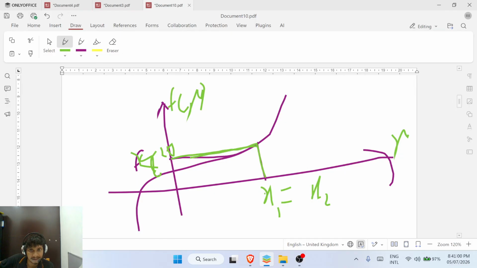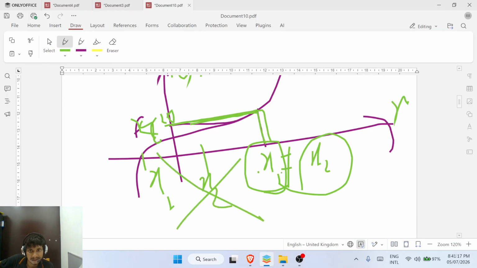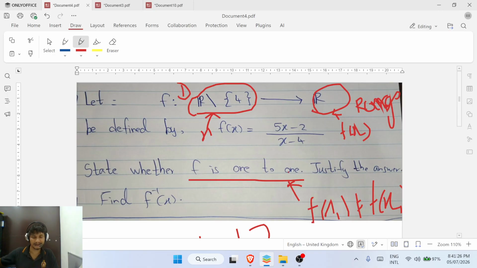If x1 and x2 have the same value for f of x, then x1 is equal to x2. If x1 is not equal to x2, for example this x1 and this x2, then it is not a one-to-one function. Here the function is one-to-one, therefore x1 is equal to x2. It's a very simple thing. If you don't understand, please watch the video again and again. It's very simple, but mostly we don't understand.